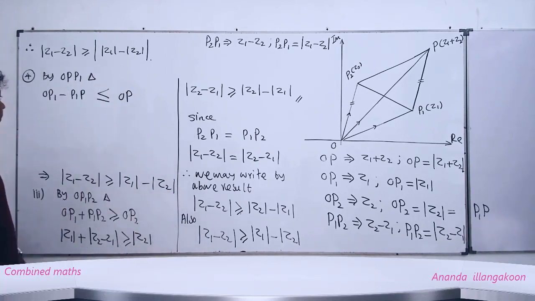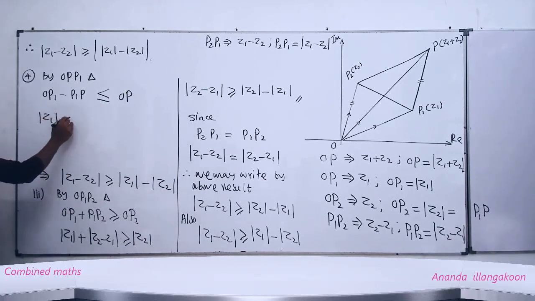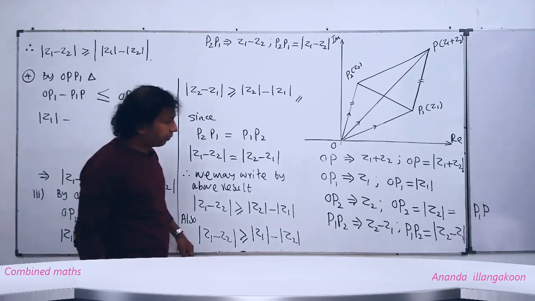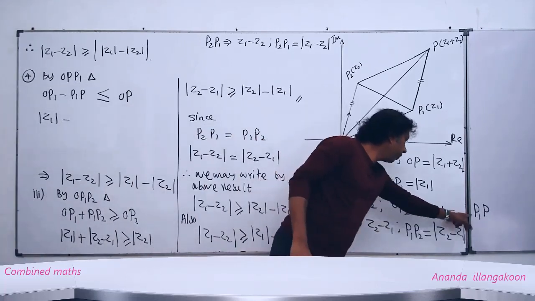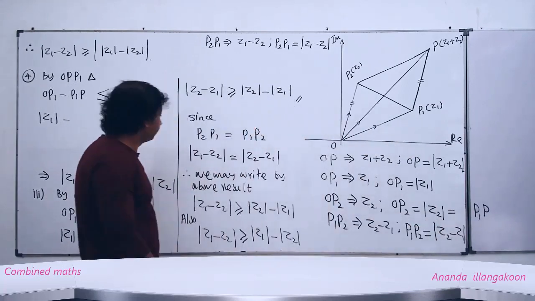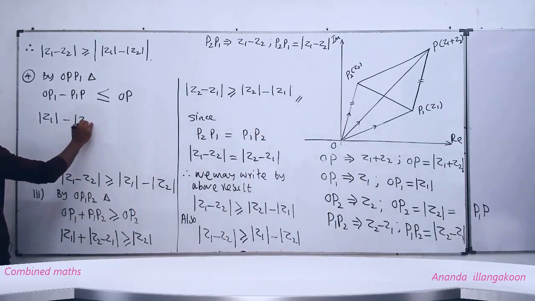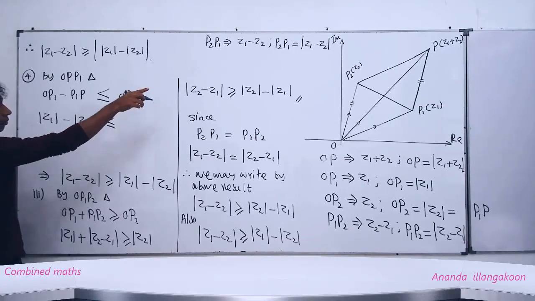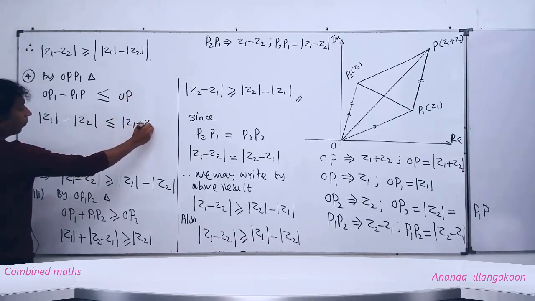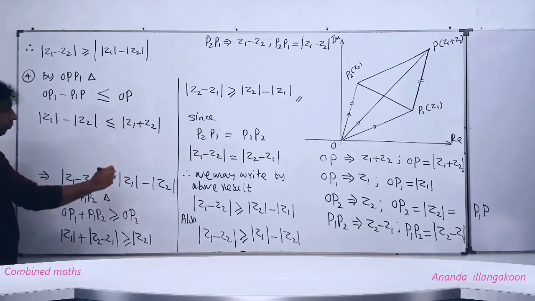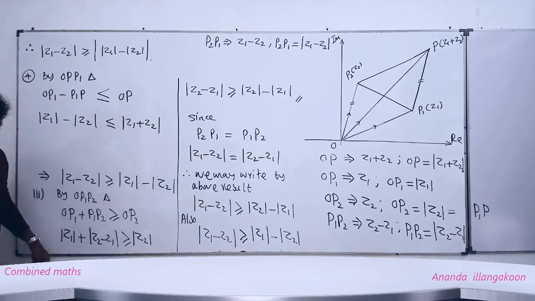Then you can very clearly see here OP1 is mod Z1, P1P, people we know, P1P is mod Z2. OP length means mod Z1 plus Z2. Right? The difference of any two sides of a triangle is smaller than or equal to the third side. So then this gives us the required answer.